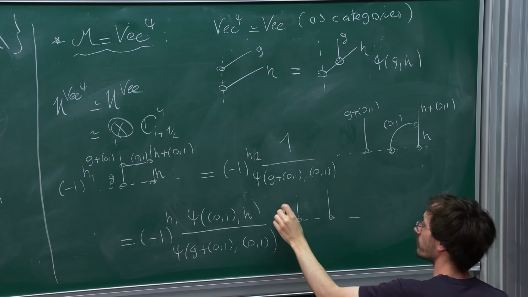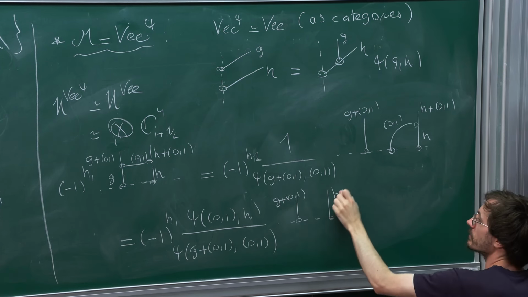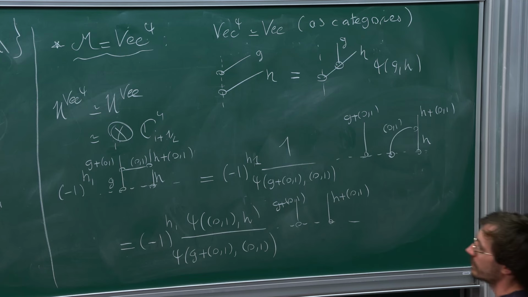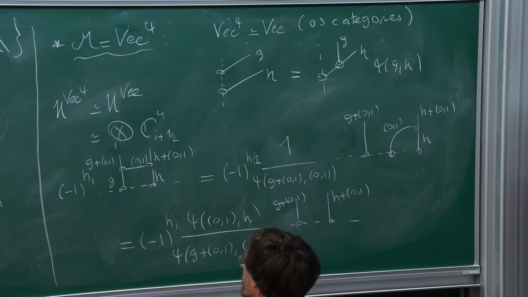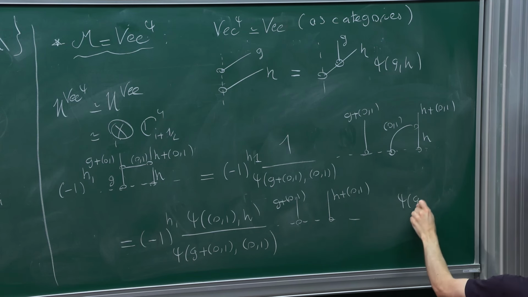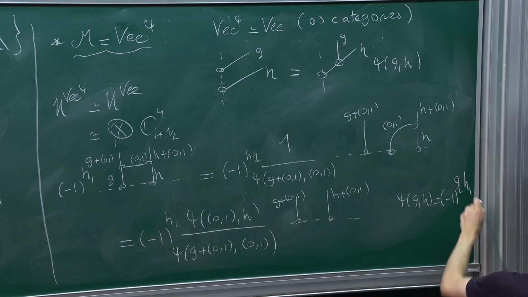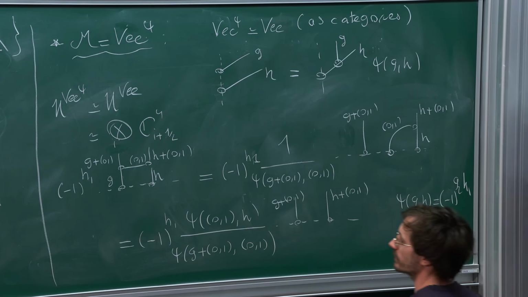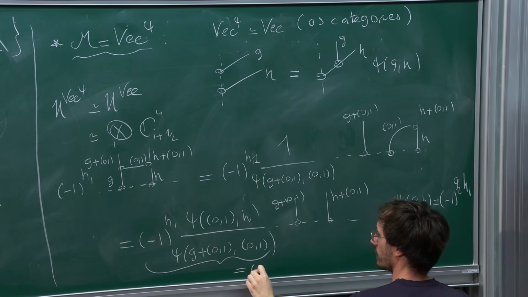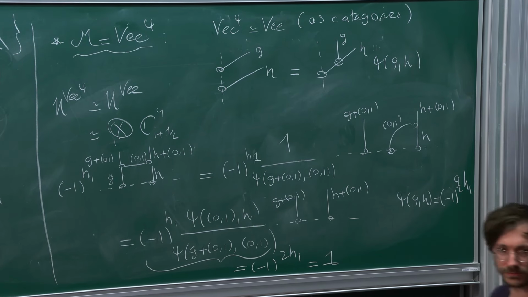I'm skipping the step where you pop the bubble, you're just using the orthogonality condition because it's trivial in that case. So I wrote down the definition before for this psi, let me reproduce it here. And then you can just check that this whole thing is equal to -1 to the 2 times H1, which is just 1.